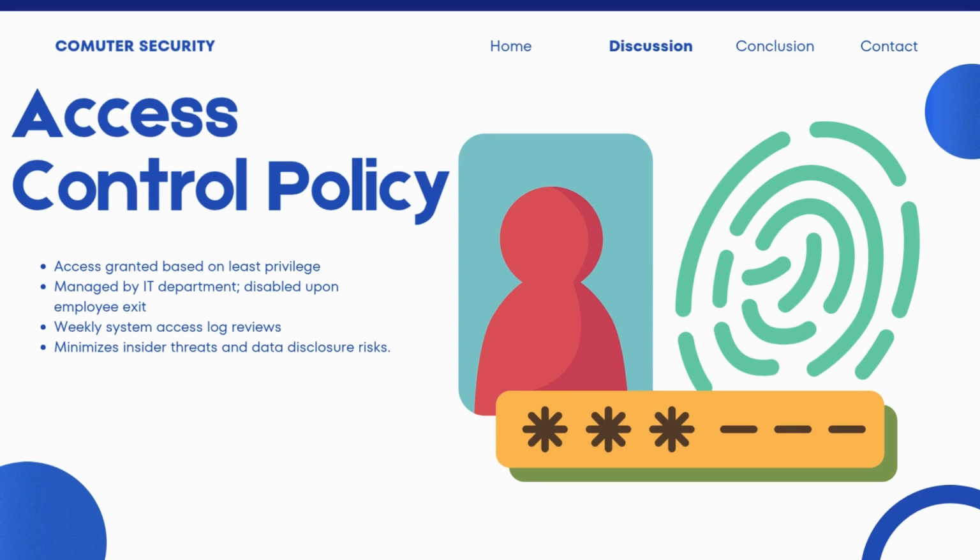When an employee resigns or changes their role, their system access is immediately revoked. The system access logs are reviewed weekly to detect any unusual or unauthorized activities. This policy also helps to reduce insider threats, prevent unnecessary exposure of confidential data, and ensure that only authorized personnel interact with the sensitive systems.